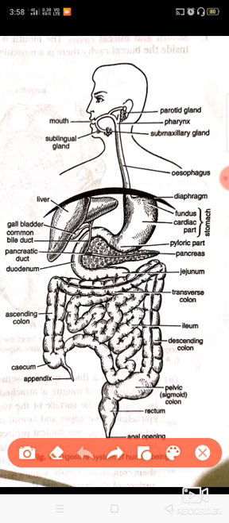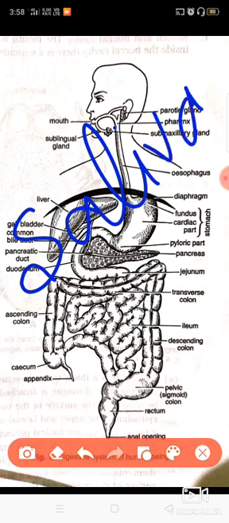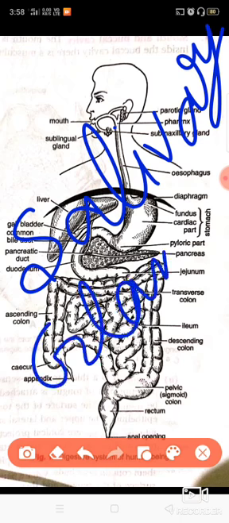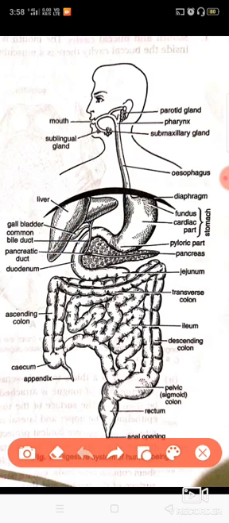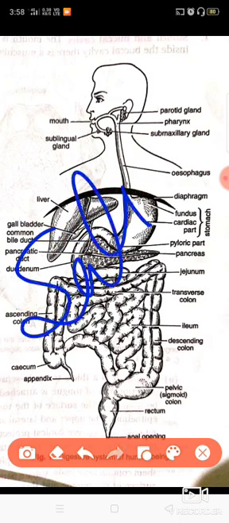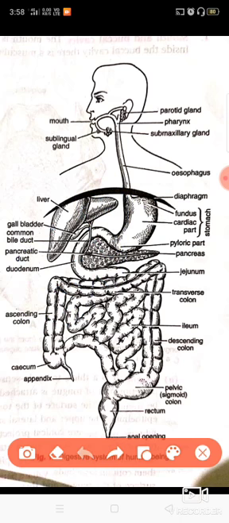These are the salivary glands. What is the function of the salivary glands? Their function is to produce saliva. It is a liquid substance produced in our mouth, and it helps in mixing the food and lubricating it, and it also helps in the digestion of starch.